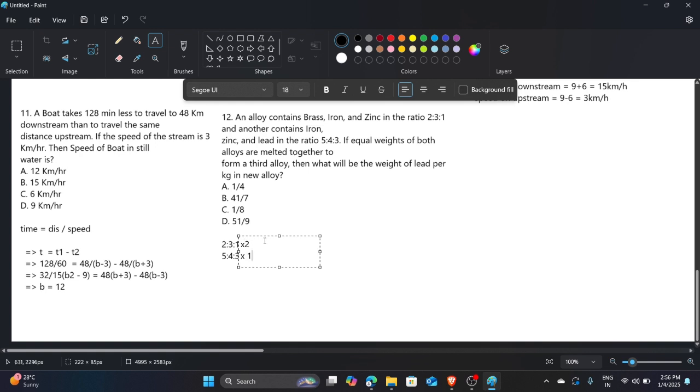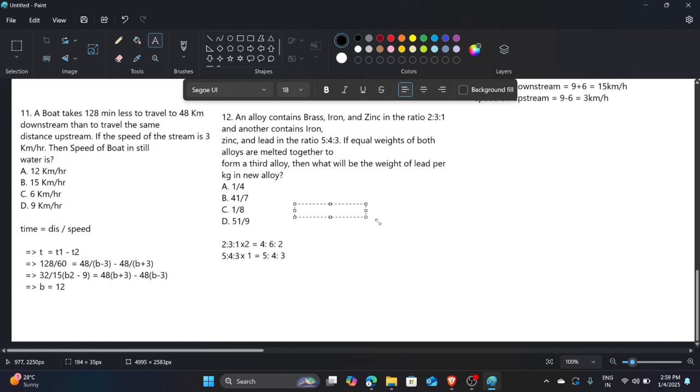So the new ratio we get is 4:6:2, and here we get the same one, 5:4:3.